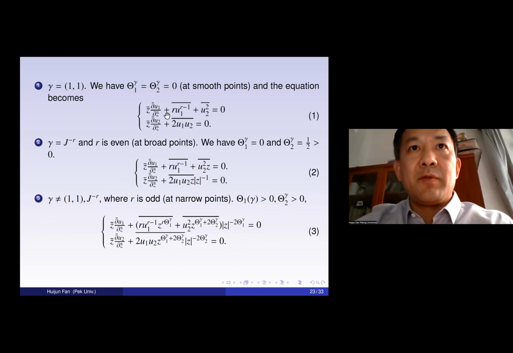This is a system of two unknown sections, U1 and U2, and they satisfy these equations on the Riemann surface. But for different marked points, the equation has a different expression. Here we have three forms of the equations defined at the different marked points. And then the main task is to solve these equations.